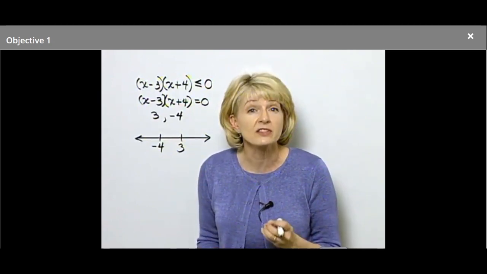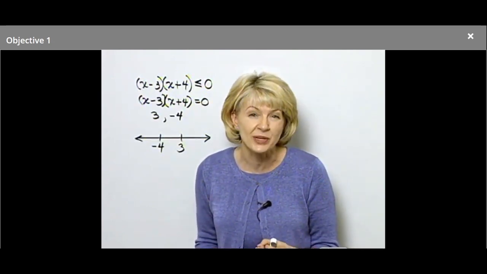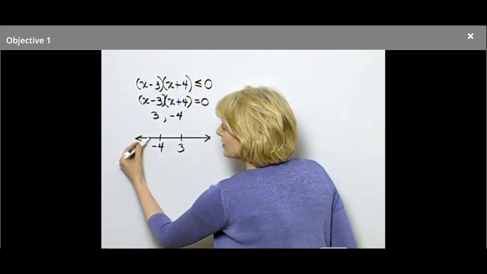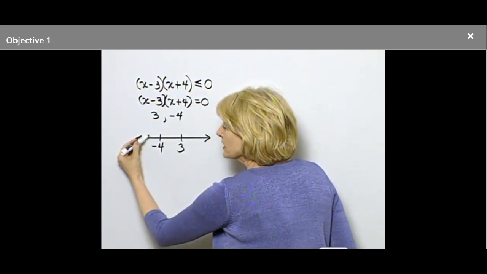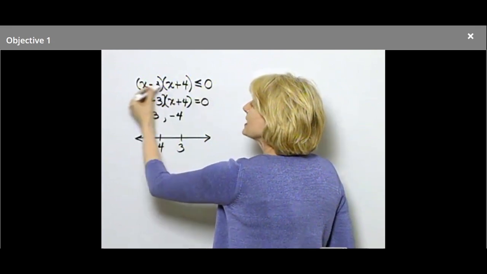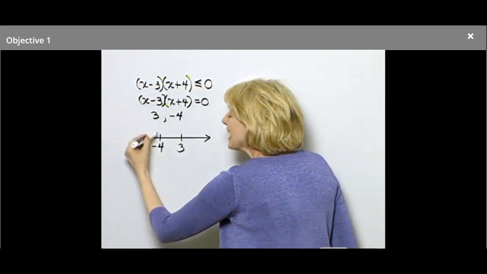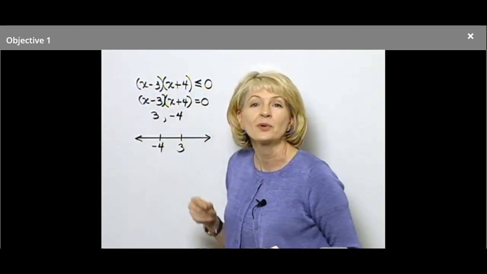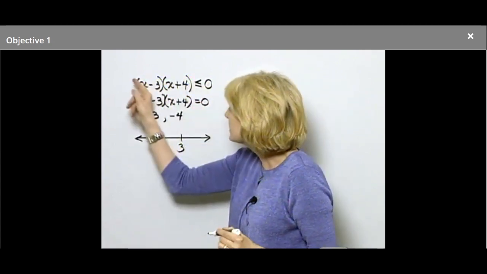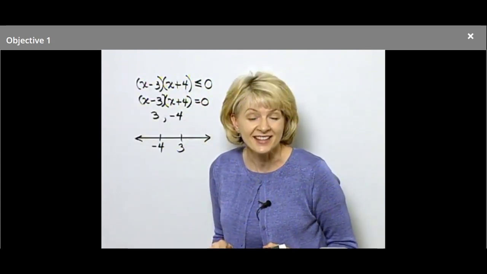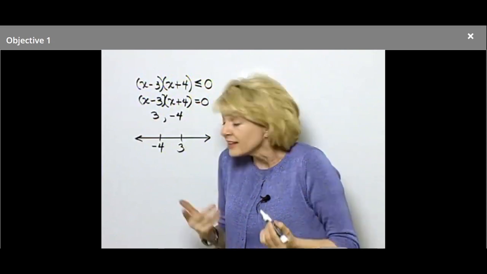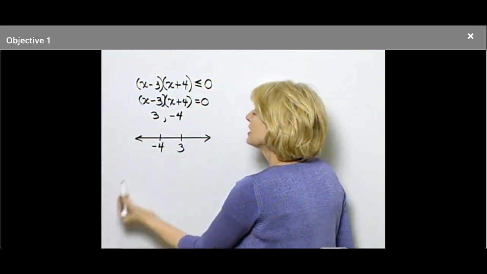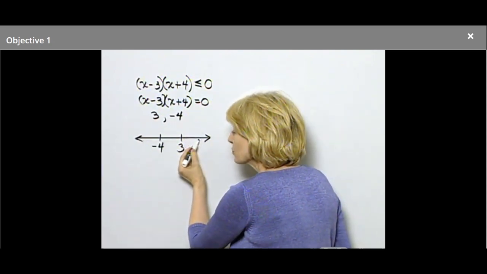And here's what's so interesting about these 3 regions. If a single number in, say, this region makes this inequality true, every single number in that region makes the inequality true and is a solution. Same thing with this region and the same thing with this region.